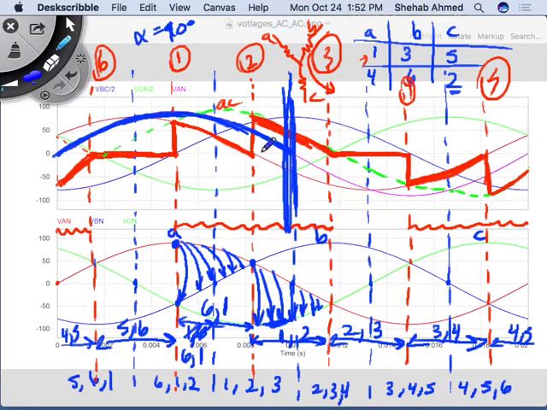Now I have this other waveform, which has a higher RMS value. The blue has more area under the curve, meaning more RMS value. So basically I'm able to control my RMS value of the voltage.